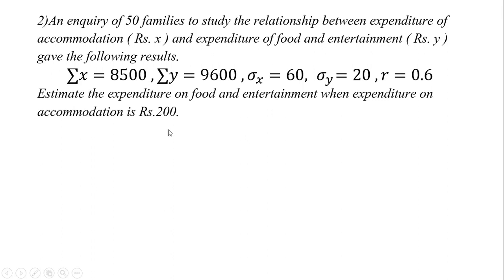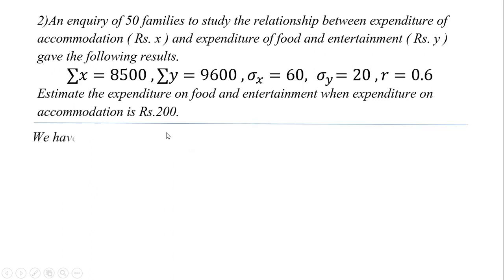So, since we want to find the value of y, we have to use the regression equation of y on x. So we require the regression coefficient of y on x, that is byx. So here we have to find byx, then we use it.